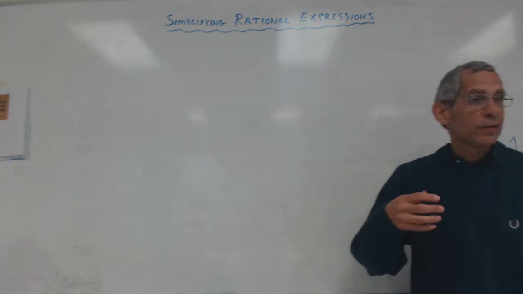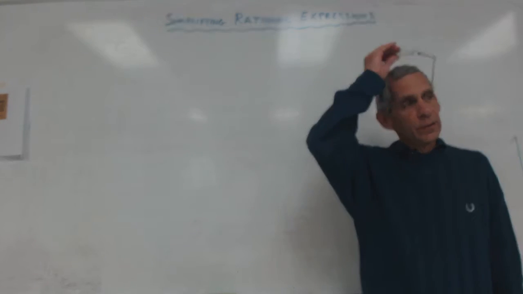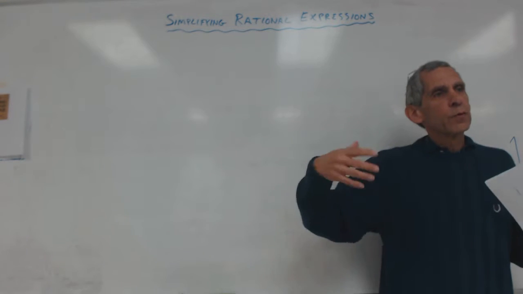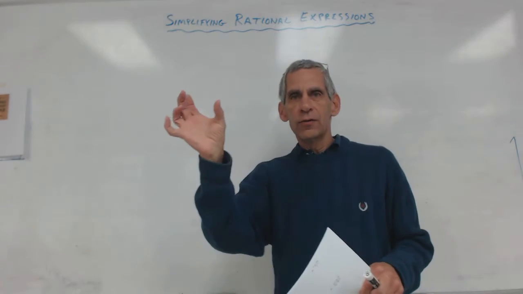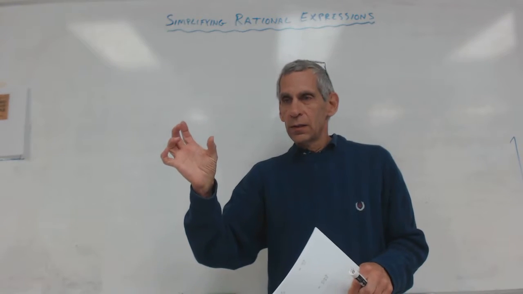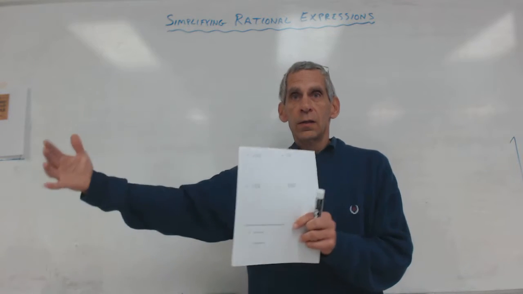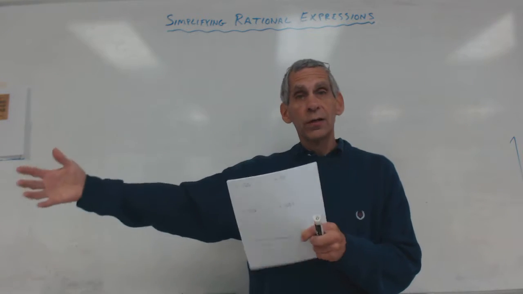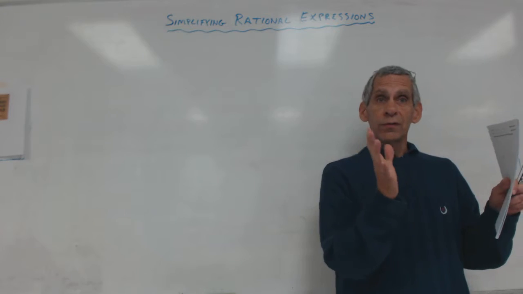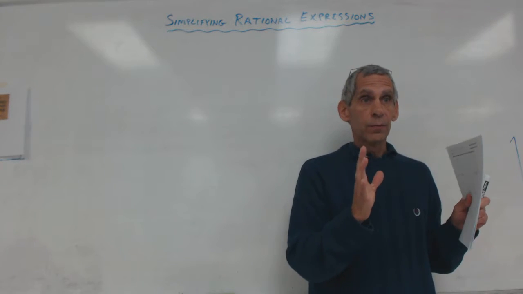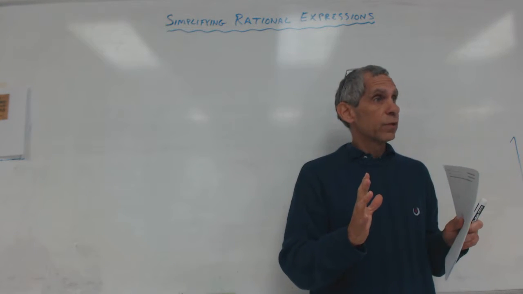Okay. We're going to talk about simplifying rational expressions. In Algebra 1, if you follow a typical textbook, you do all the things that you've already learned, and then towards the end of the textbook you come to quadratics, which we've been doing.